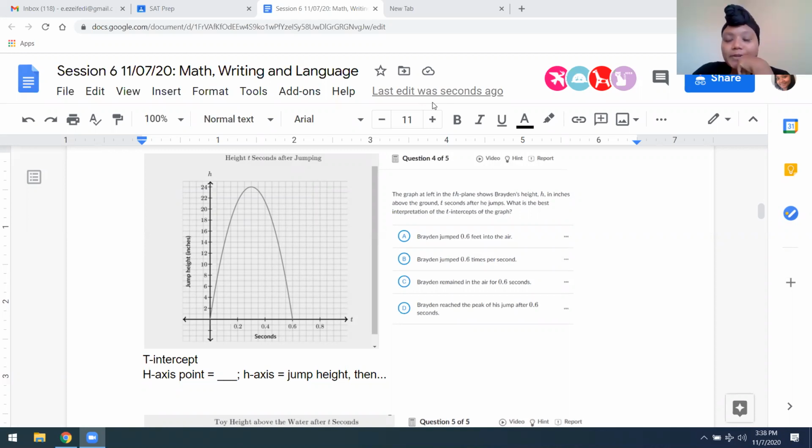Okay, what do you guys think it is? We have a couple choices for C. Whatever you answer, I might ask you to defend your answer.